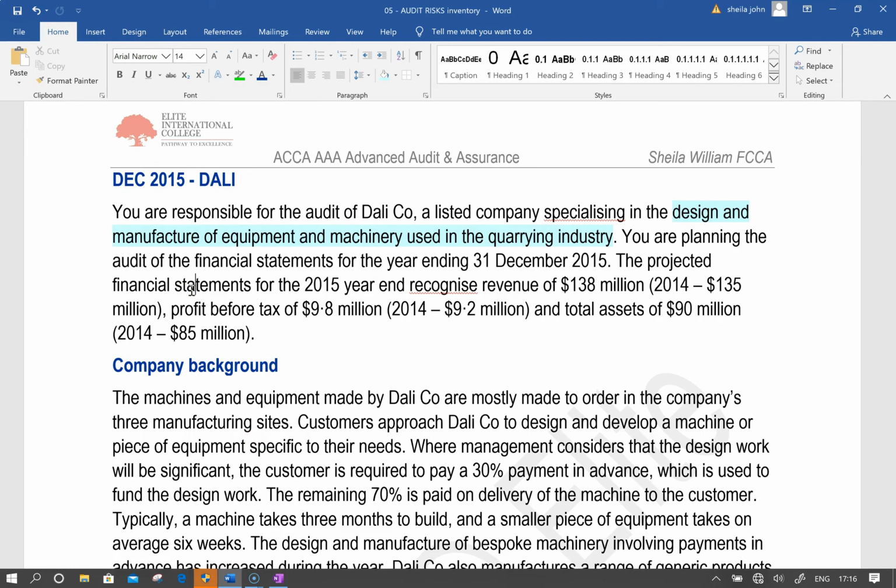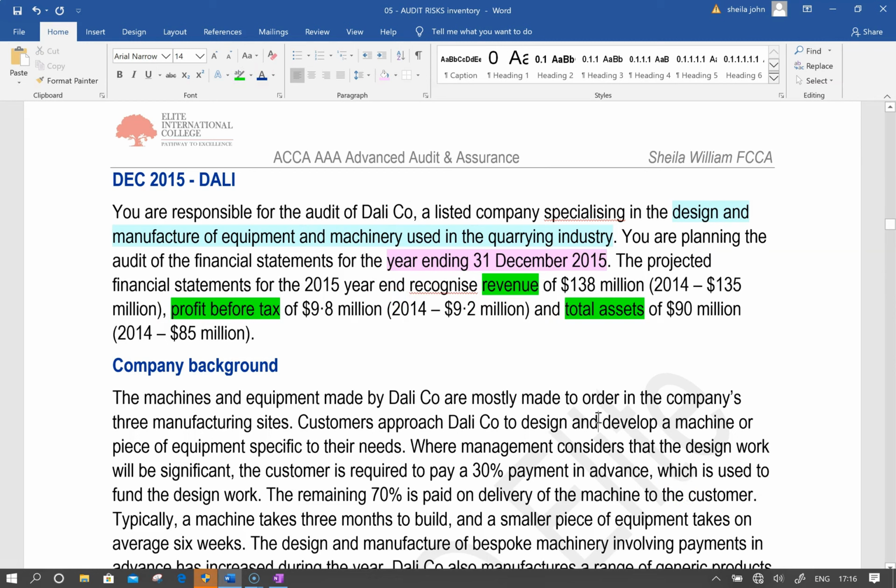You're planning the audit of the financial statements for the year ending 31 December 2015. And the projected financial statements for the year recognize a revenue figure, profit before tax, and total assets of so much. Now, the reason why we note some of these figures is because it would help us to calculate materiality.